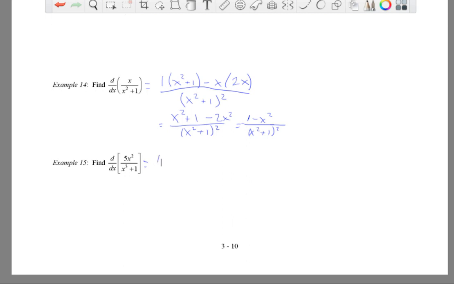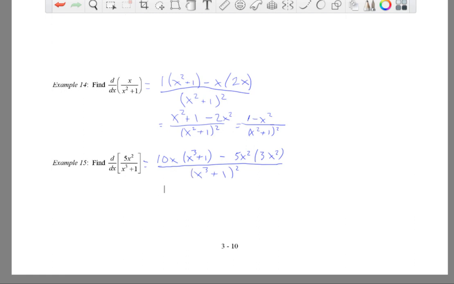All right, we have 10x, the derivative of the top, times the bottom, just copy that over, minus the top, 5x squared, times the derivative of the bottom, 3x squared, all divided by x cubed plus 1 squared.